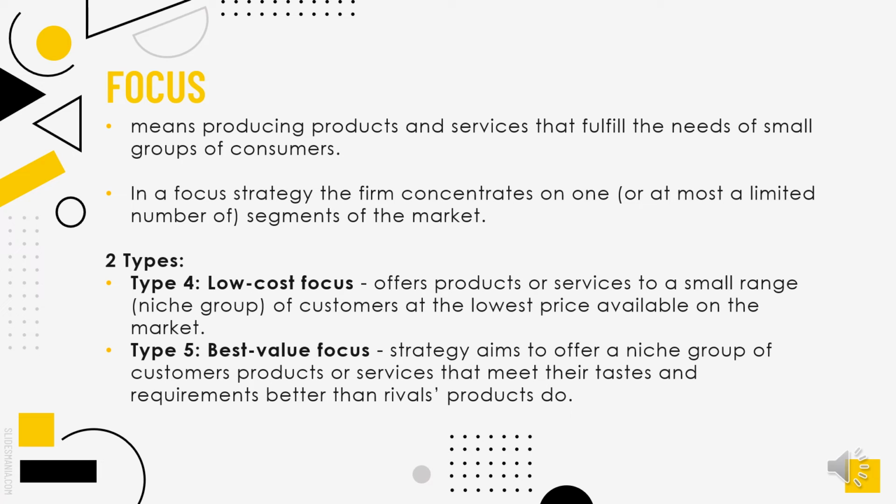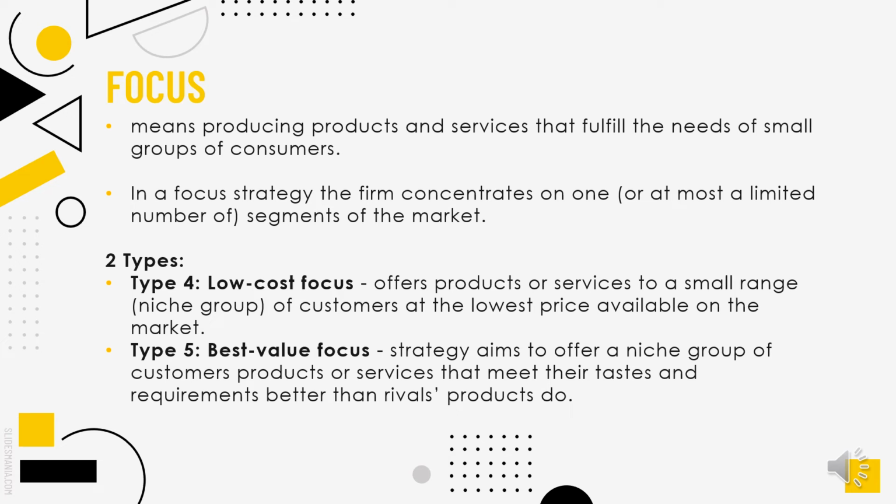While Type 5 is a best value focus strategy that offers products or services to a small range of customers at the best price value available on the market. So it is sometimes called focused differentiation. The best value focus strategy also aims to offer a niche group of customers products or services that meet their tastes and requirements better than rivals' products do.